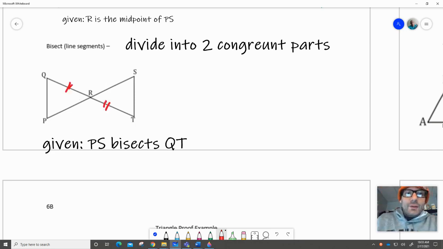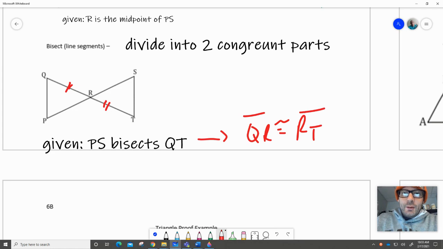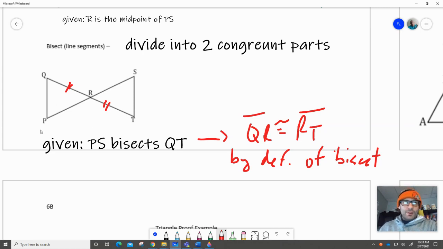So if they give us that PS bisects QT, we can state for a fact that QR is congruent to RT, by the definition of bisect. We know that bisect means to cut in half, to divide into two congruent pieces. In other words, PS is a knife that is cutting QT in half, then QR is congruent to RT.